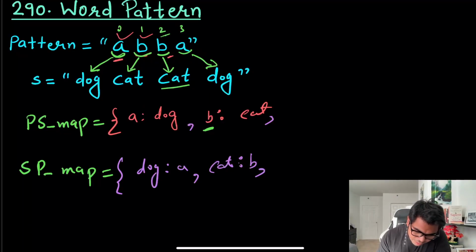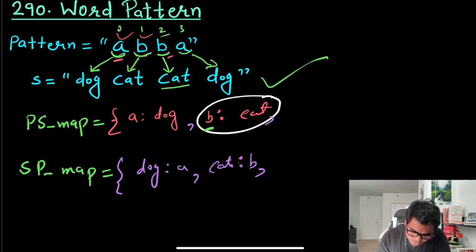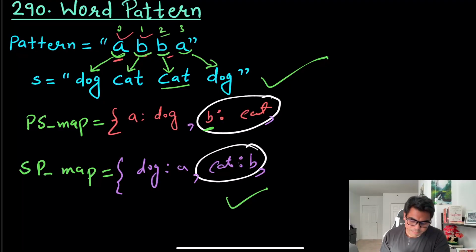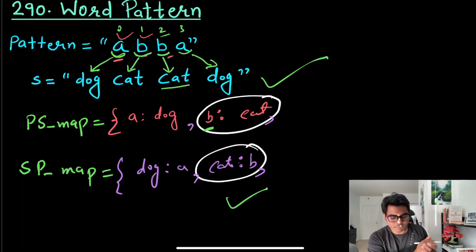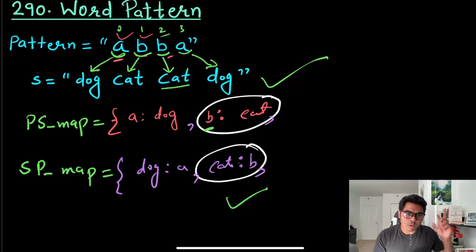I check if B has cat as its mapping, which it does, and also if cat is mapped to B, which it does. So yes, this follows the pattern that was asked in the problem. B is already mapped to cat, and cat inside my SP map is also mapped to B.